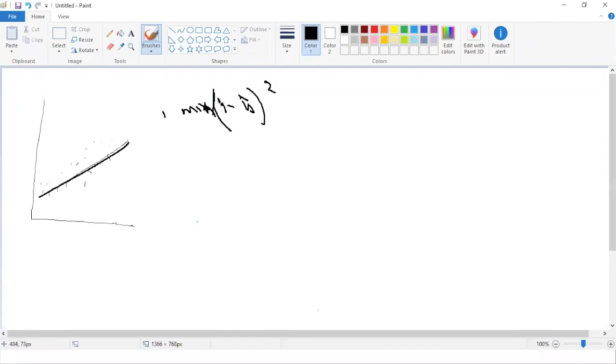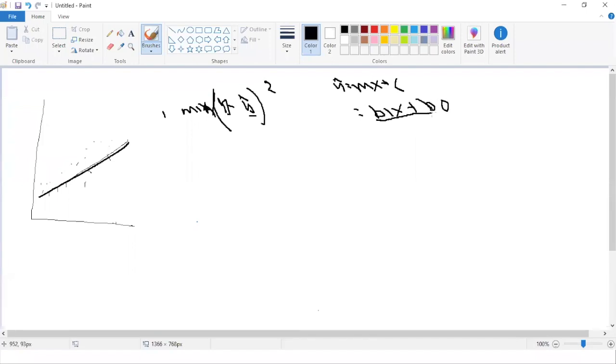Now you can see y minus y hat whole square. Now what is y hat? Y hat is mx plus c, or if we look at the equation that we saw before, it was b1x plus b naught.